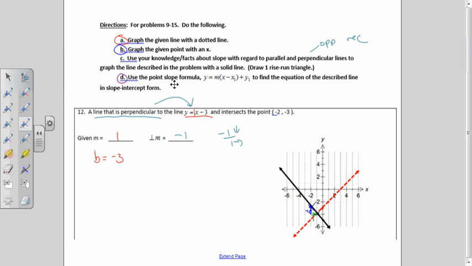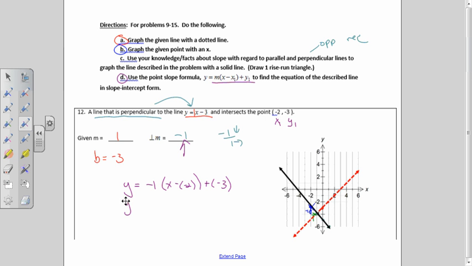It says use the point slope formula. So I will use the slope that I'm trying to create, which is -1, and the given point, x1, y1, so I get y equals -1 times the quantity x minus -2 plus -3.